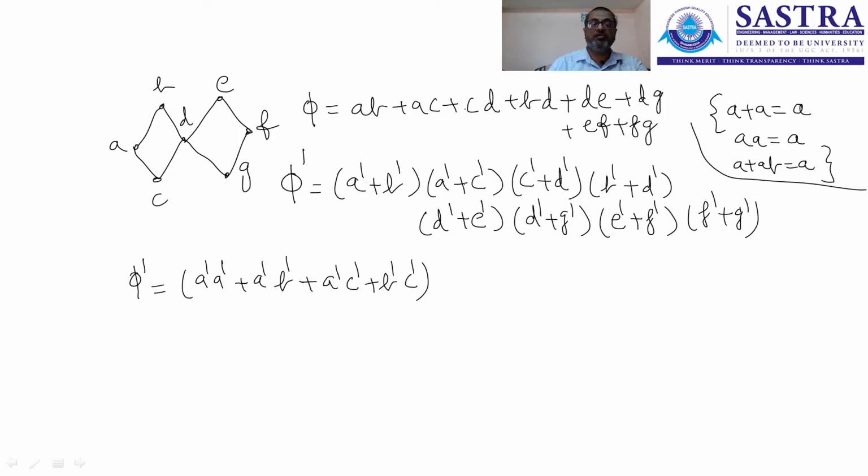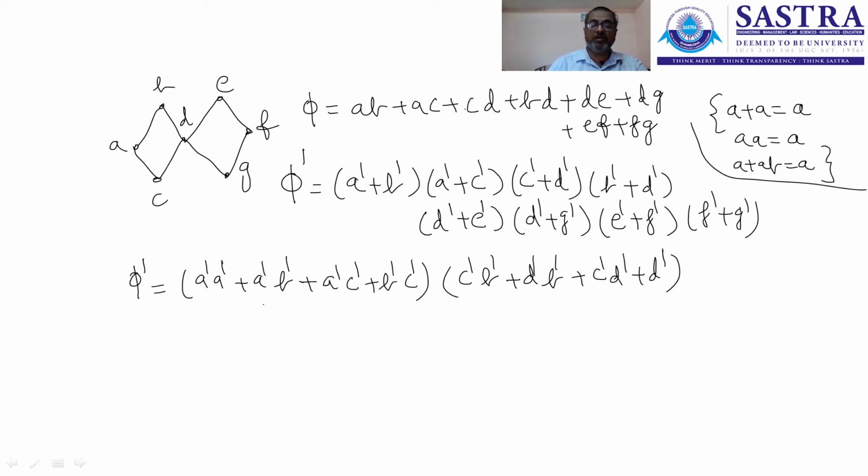Okay, so I will multiply the first two. Now I will multiply the third and fourth one. C dash B dash plus D dash B dash, and the next one would be C dash D dash plus D dash.